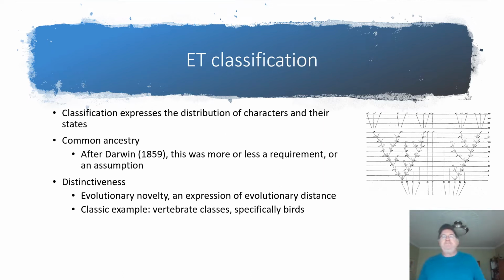So I think the basic core of what we describe as evolutionary taxonomy, and I'm sure I mentioned this in the last video, is that they think a classification should represent the two different fundamental aspects of the evolutionary history of an organism.